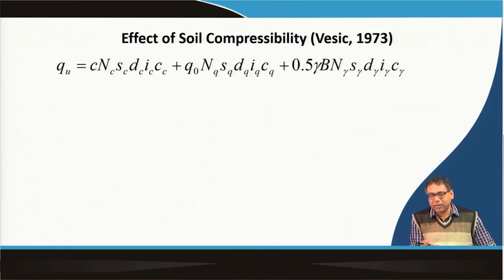In our normal foundation engineering course we generally deal with three factors, but we can incorporate three more. Those I will discuss later, but now I will discuss the compressibility effect.